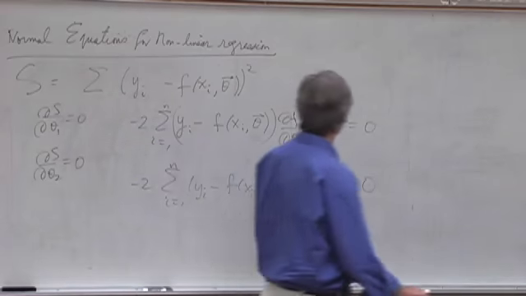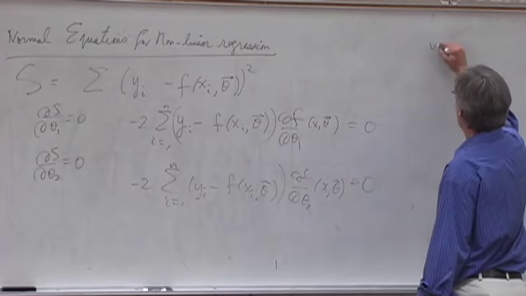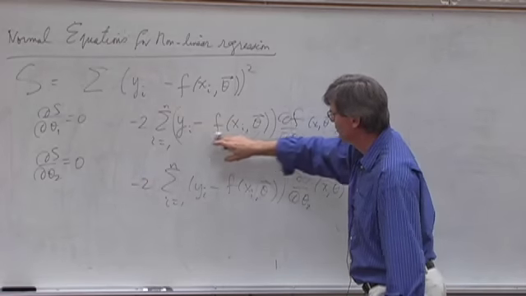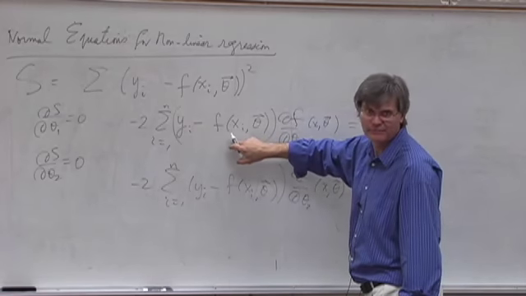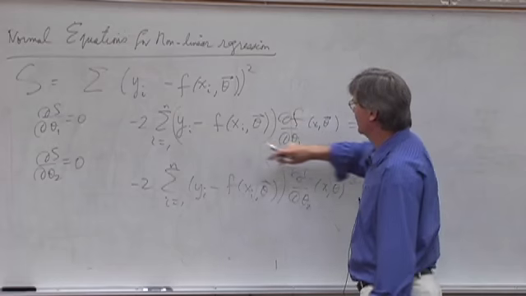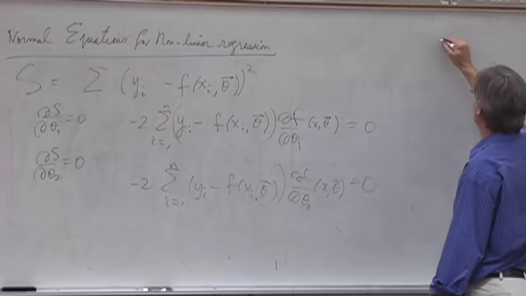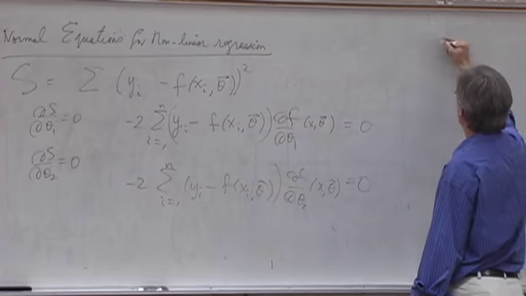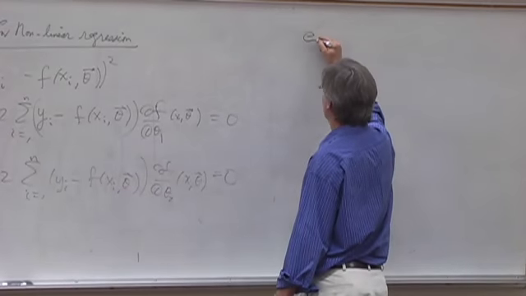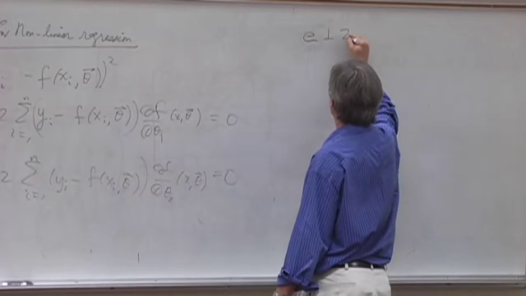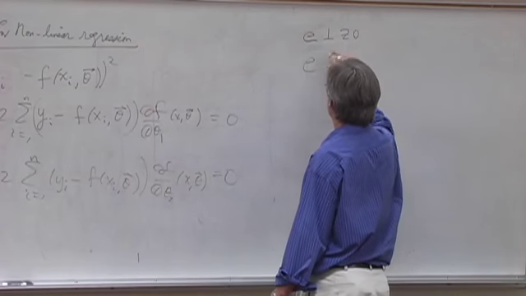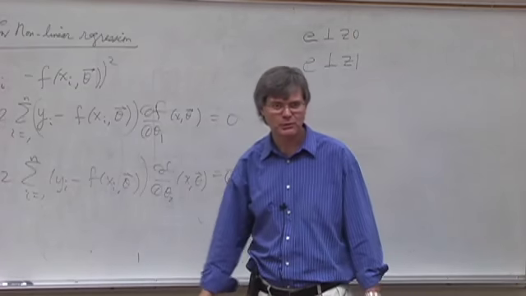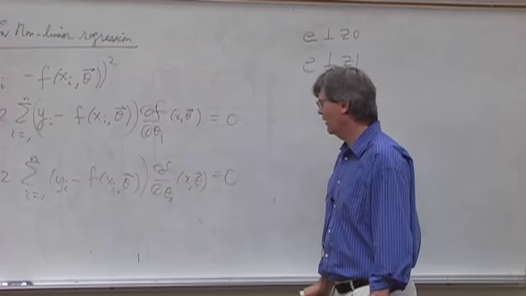So what you should get is that, and this is just the residual, y minus the fit. You're getting the residual E is perpendicular to z0, and E is perpendicular to z1, which is approximately true.